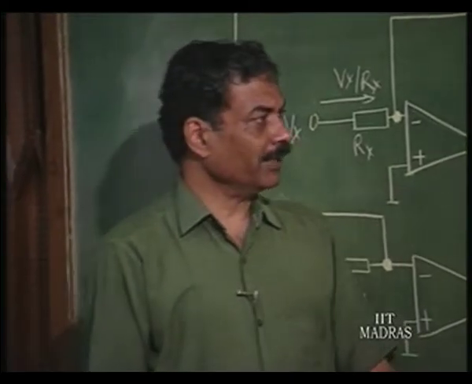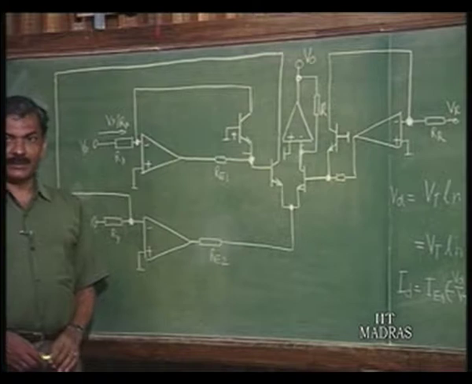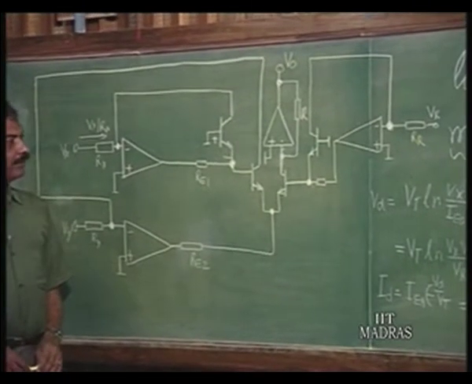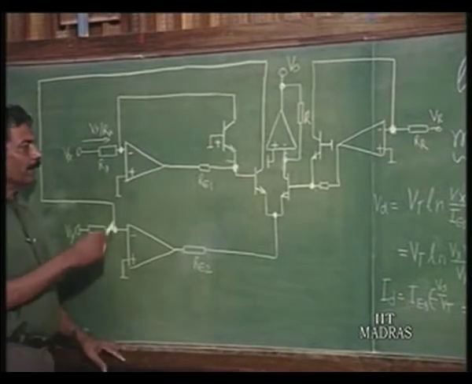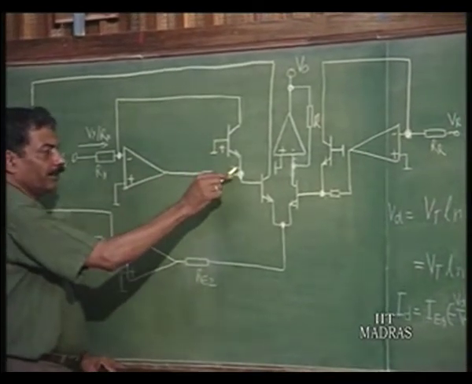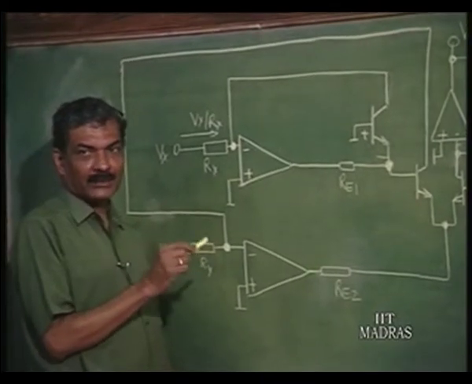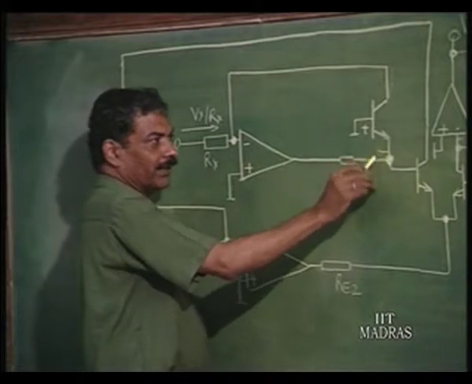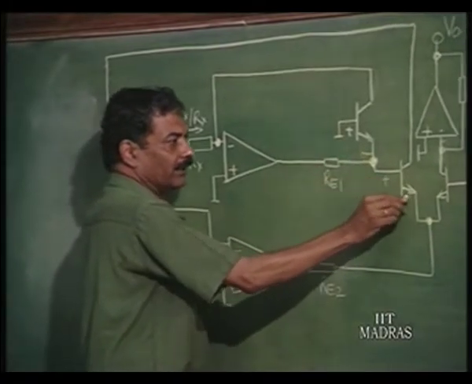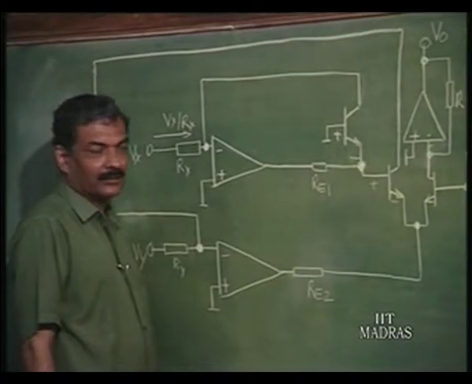Now that we have understood the presence of Re1 and how to select it, we can further discuss the circuit for the multiplier. So, we have already developed a voltage which corresponds to minus Vt log Vx by Rx IE0 with respect to ground. Now, to this voltage we have to add minus Vt log Vy by Ry IE0.